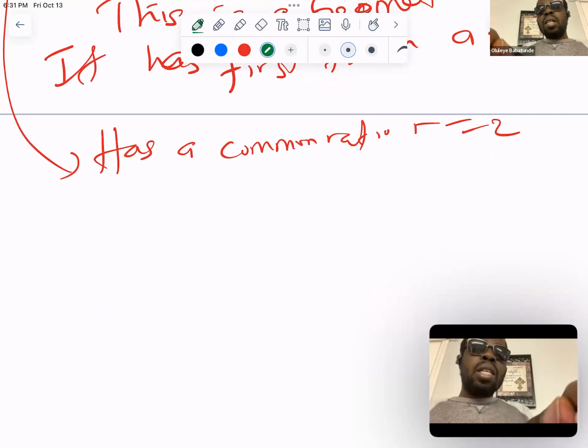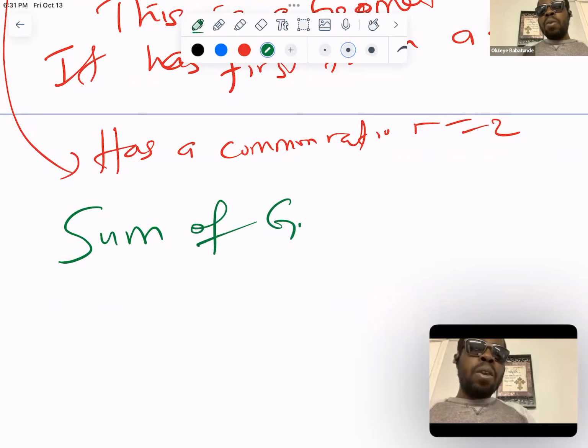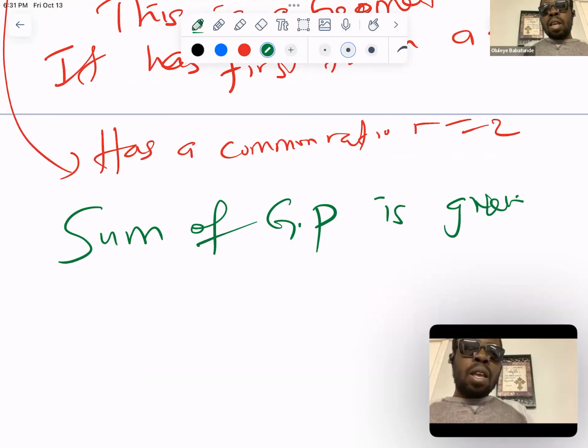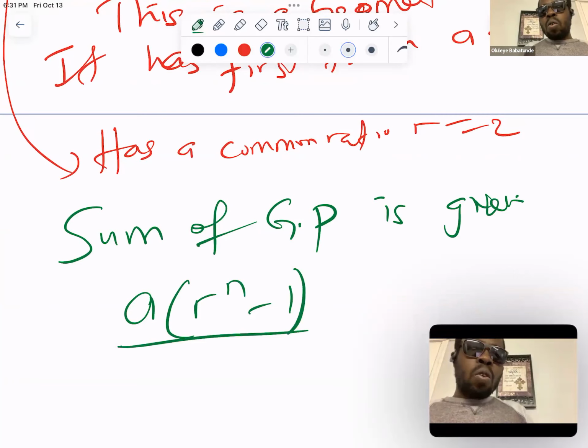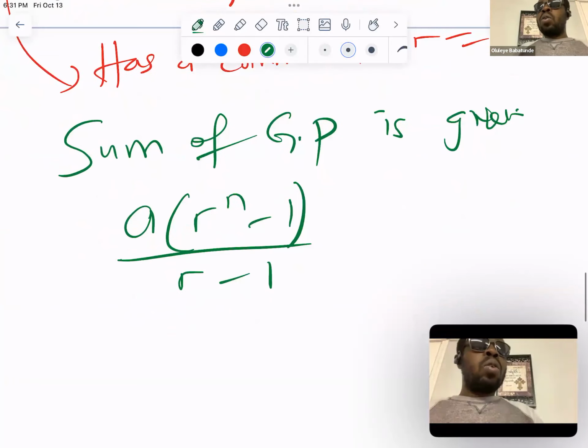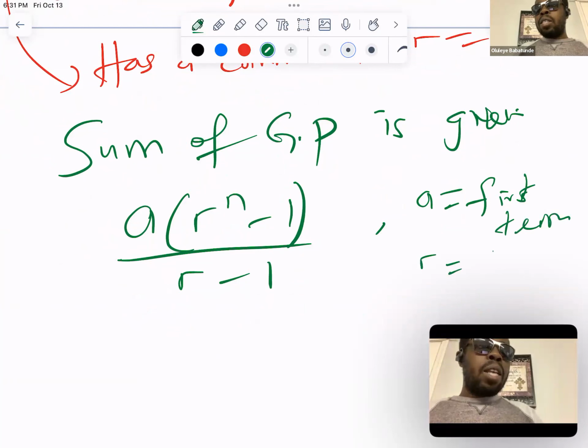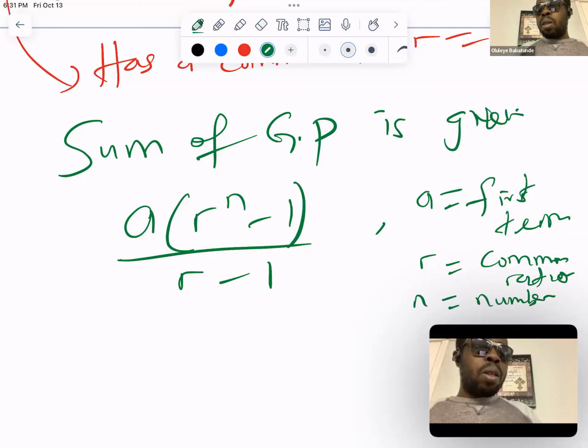So, the sum of a GP is given as A into R to the n minus 1 over R minus 1, where A here is the first term, R here is the common ratio, and n here is the number of terms.